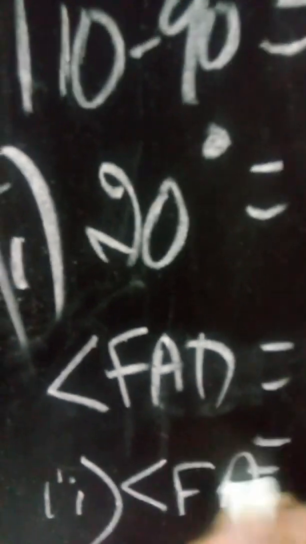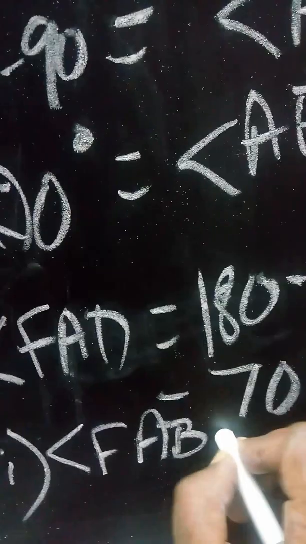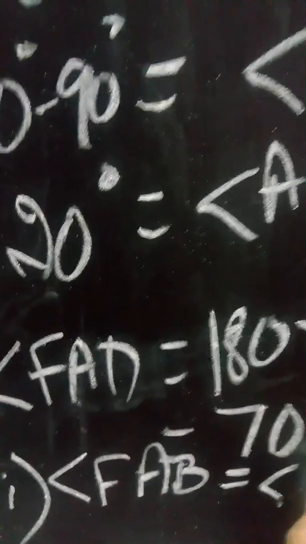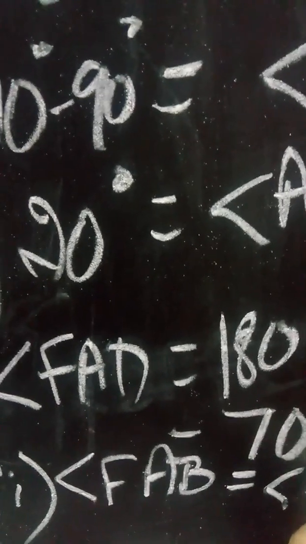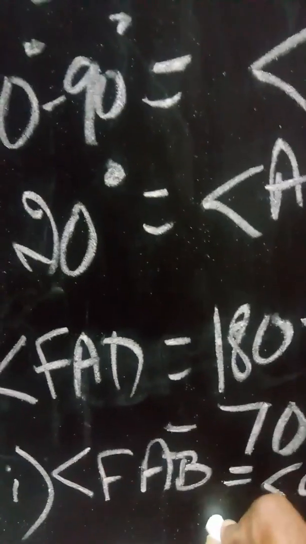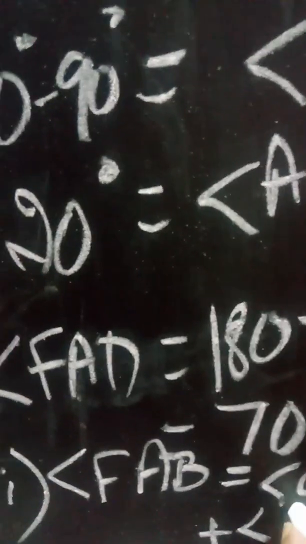So we need to find FAB. Now angle FAB, this is the second one, angle FAB will be equal to angle OAB plus angle FAD.